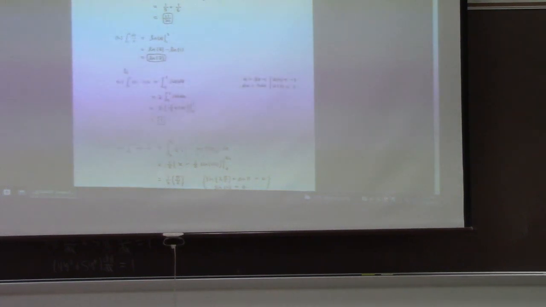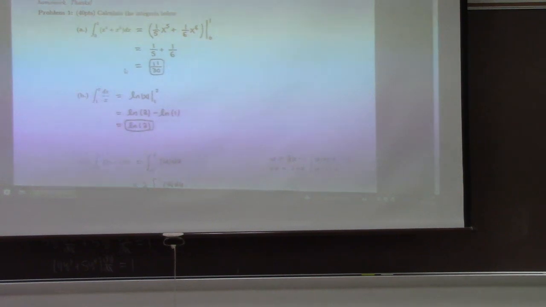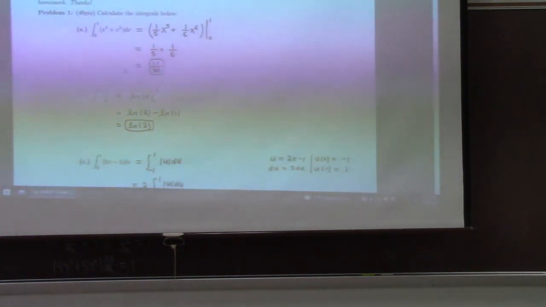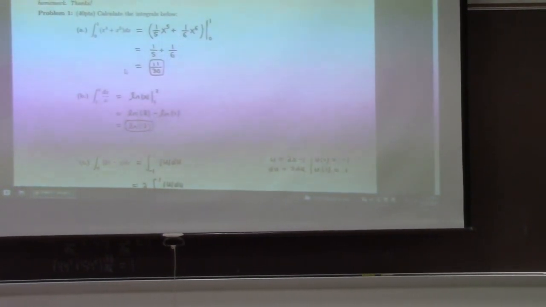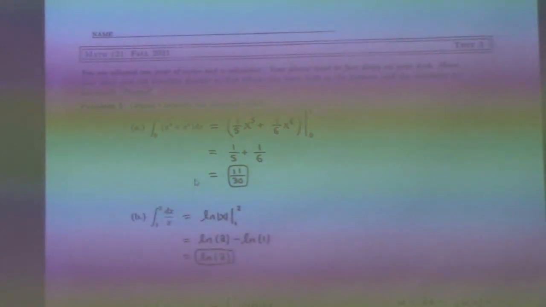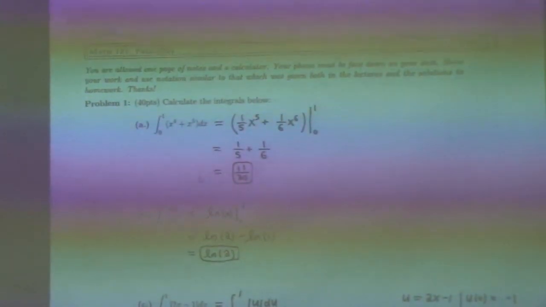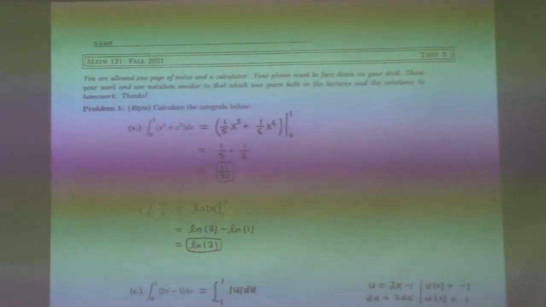Let's see if I can zoom in a bit here. I'll turn off these lights, that might help.